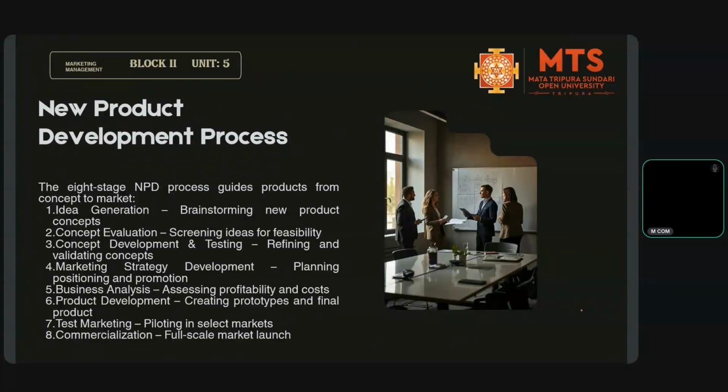So from that, the idea came that we can make some shoes so that we didn't have to lift it with our toes. And then the next step is concept evaluation. Is it feasible?